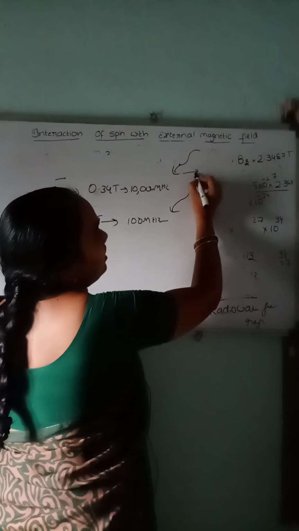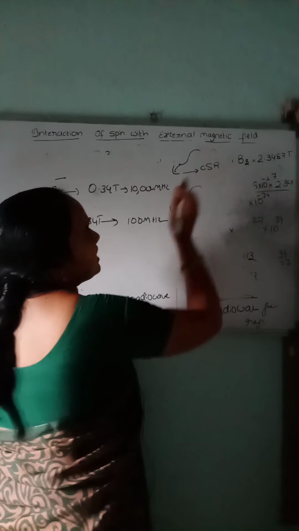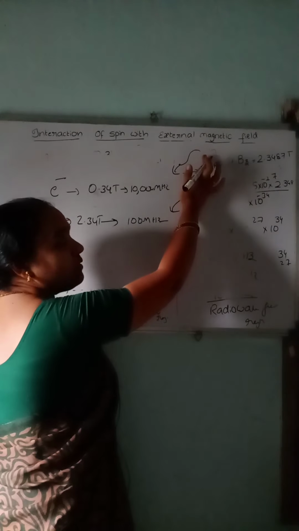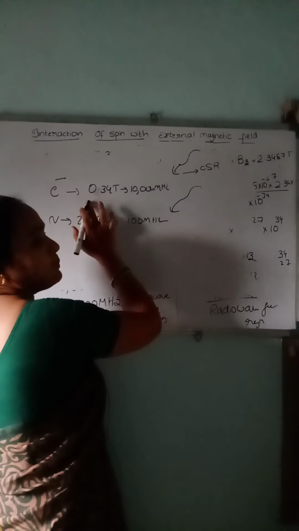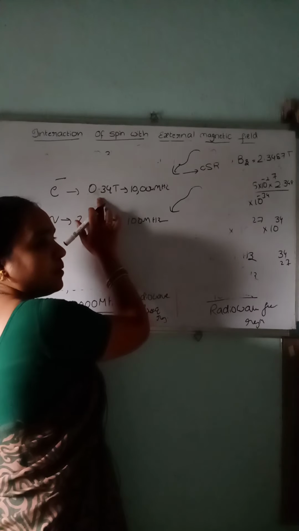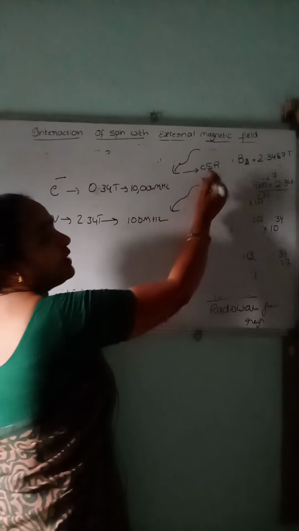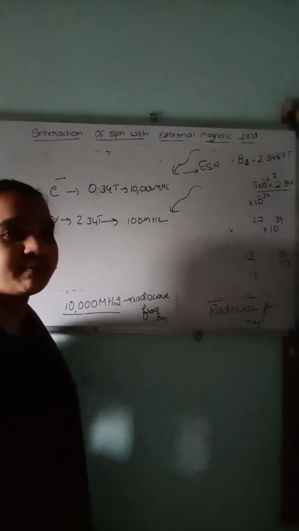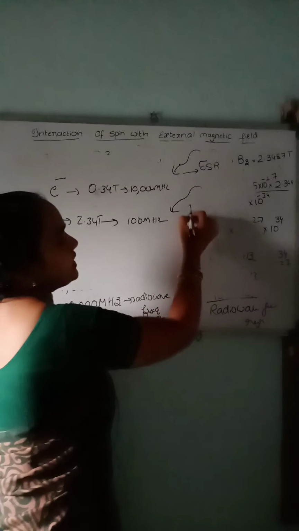So electron spin resonance means the absorption of radio waves by the spinning electrons at a magnetic field of 0.34 Tesla. What is NMR?